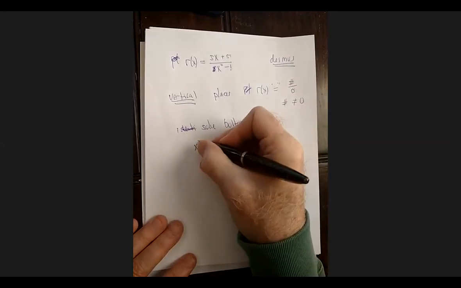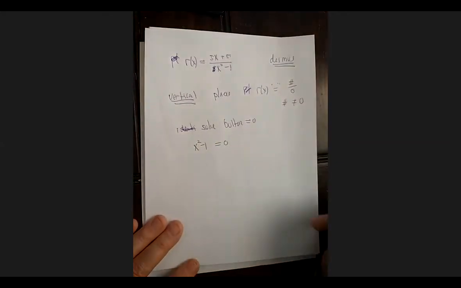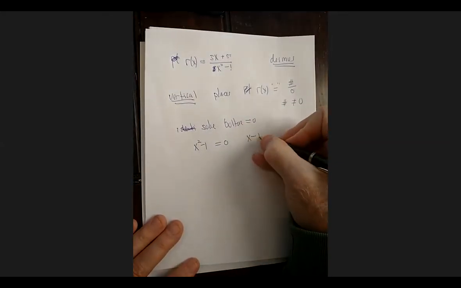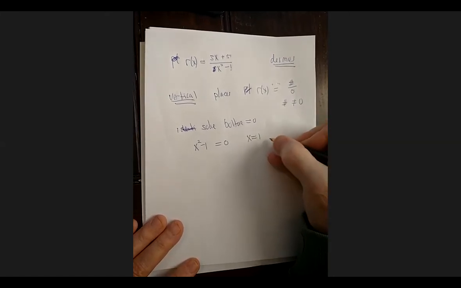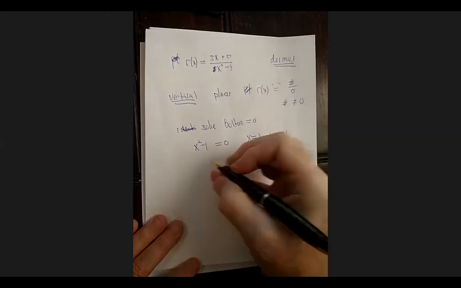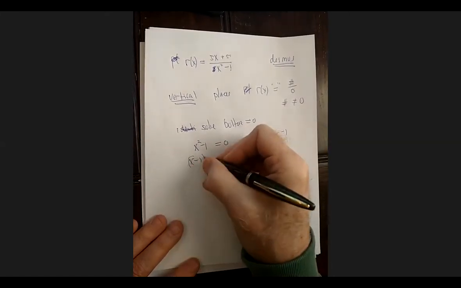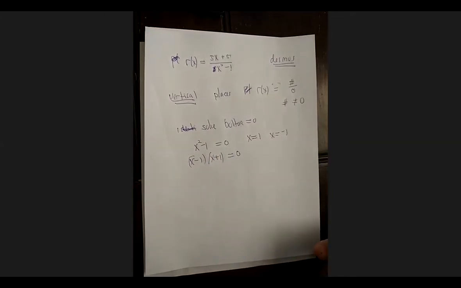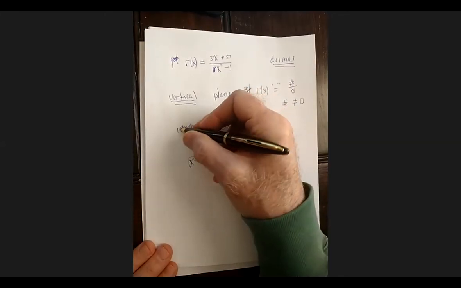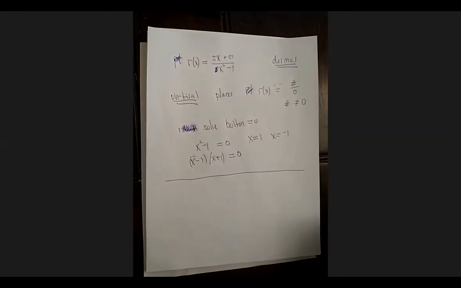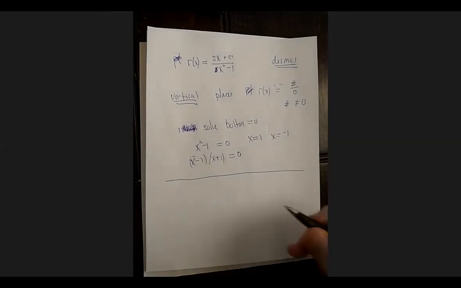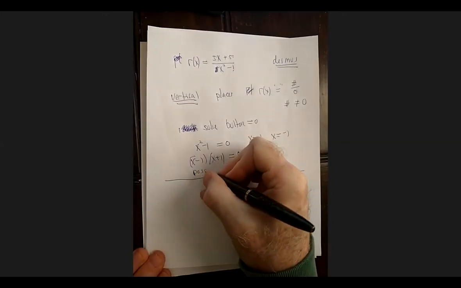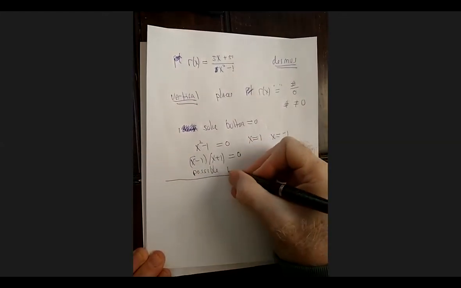So you solve x squared minus 1 equals 0. This factors into x minus 1, x plus 1 equals 0, and you get x equals 1, x equals minus 1. So these are possible, you might even say probable, vertical asymptotes.